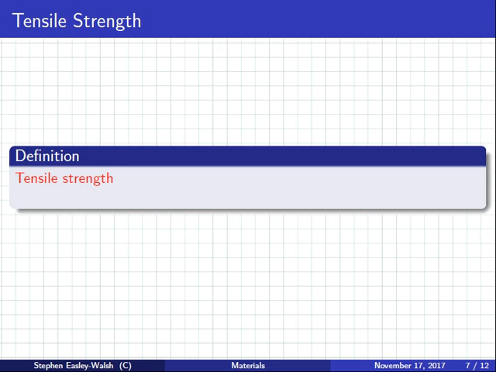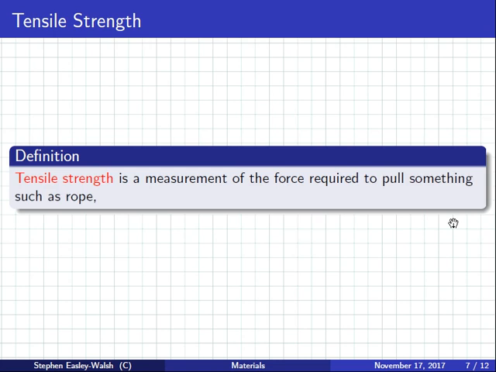Does anybody know tensile strength? No? Tensile strength is a measurement of the force required to pull something like a rope, a wire, or a structural beam to the point where it breaks.